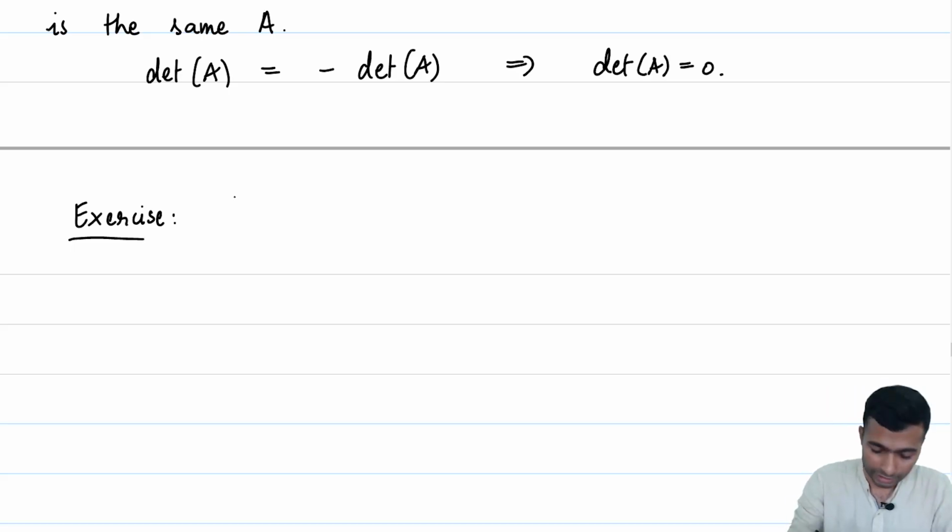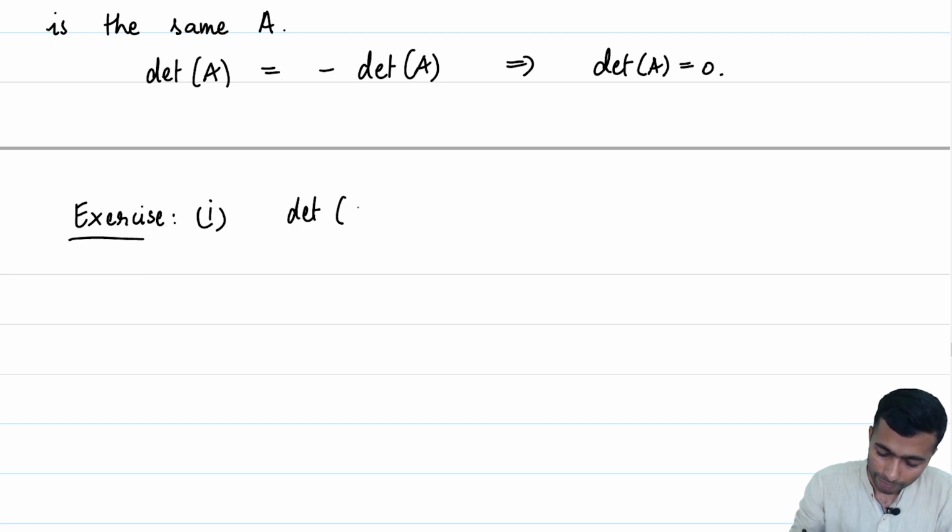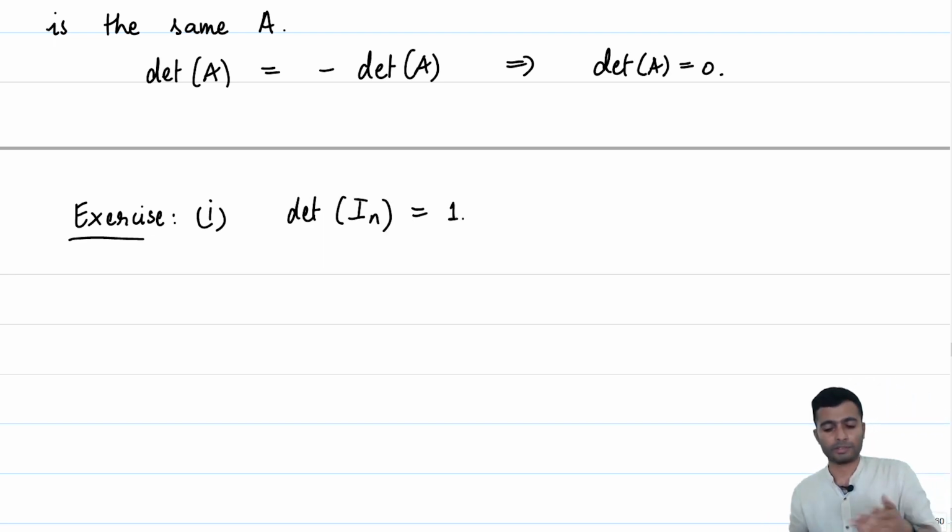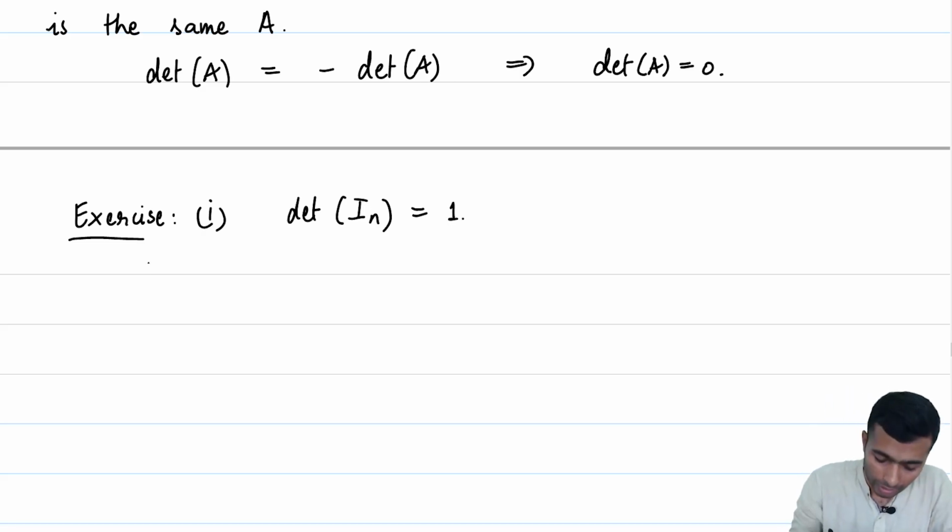In fact, first exercise, before we go further: the determinant of I_n is equal to 1. We have already seen that diagonal matrices have determinant equal to the product of the entries, and the identity has all the diagonal entries 1. So, this exercise is quite straightforward.